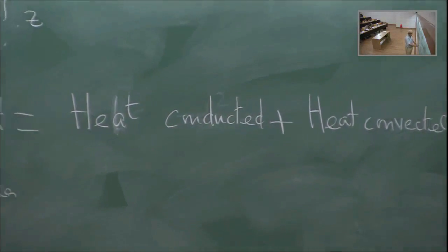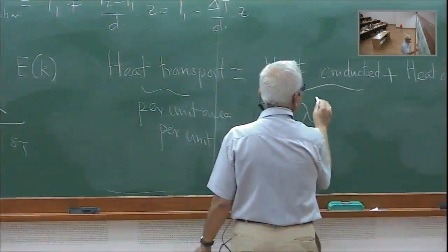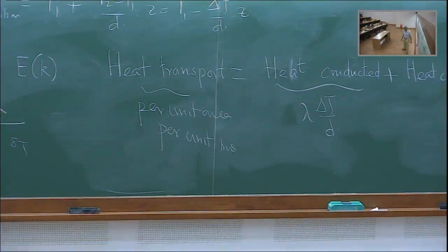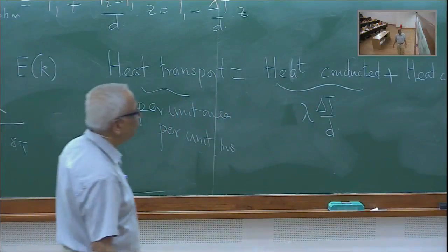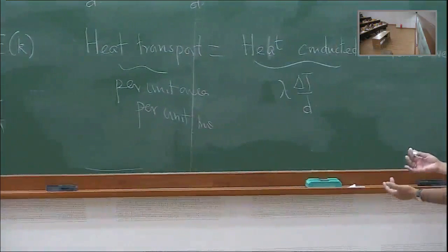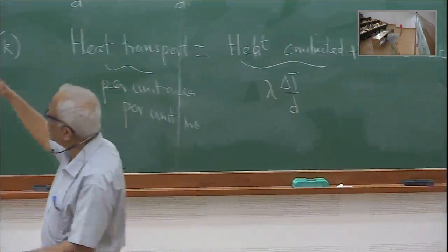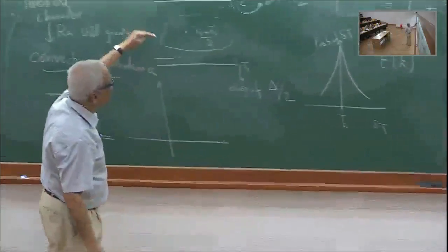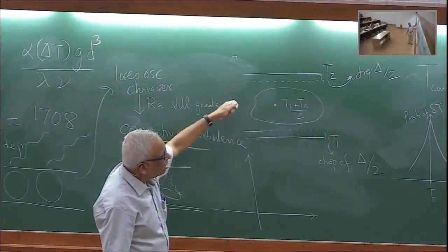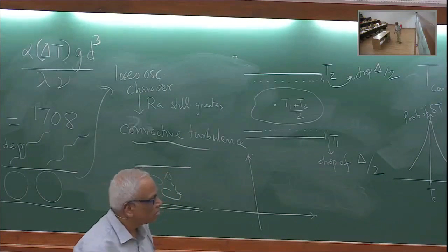Heat conducted, we all know how much that is per unit: lambda times delta T over D. How much is the heat convected? You would be able to calculate it by calculating the flux. The flux would be the fluctuation in temperature times the upward velocity. So that would be a measure of how much is convected.